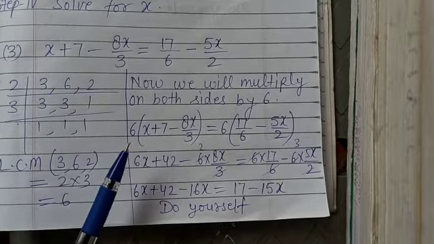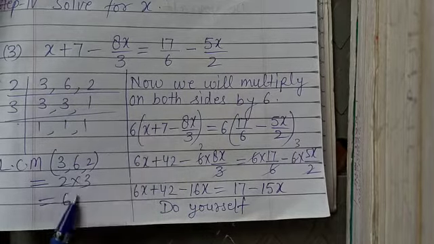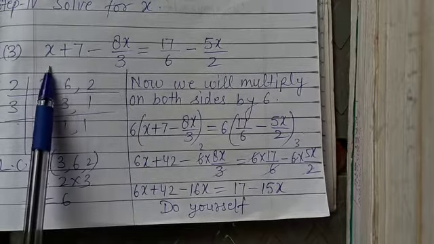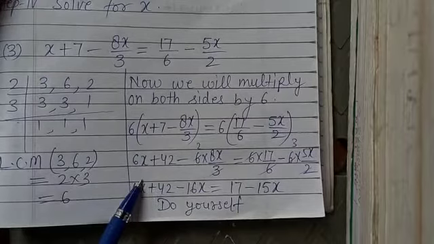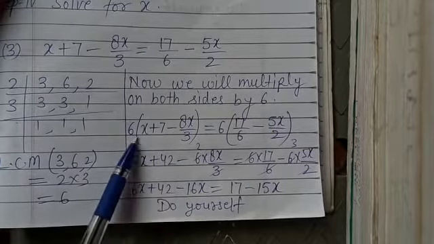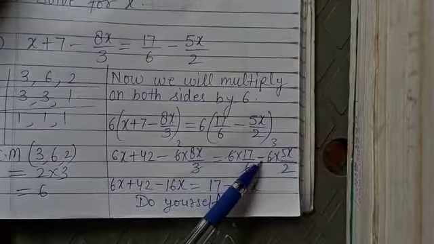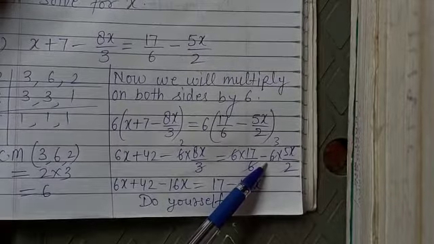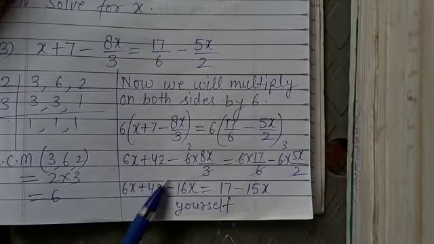Now what is step 2? We multiply both sides by the LCM, which is 6. So we multiply LHS and RHS by 6. So 6 into x is 6x, 6 7s are 42, 6 into 8x upon 3, 6 into 17 upon 6, minus 6 into 5x upon 2. Now 6x will remain the same, 42 will remain the same.